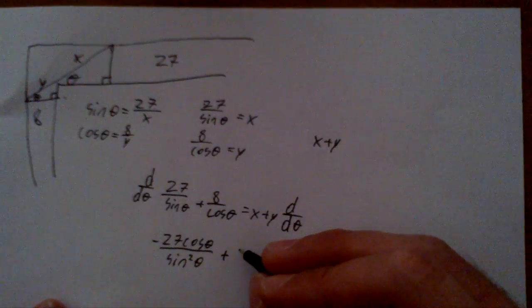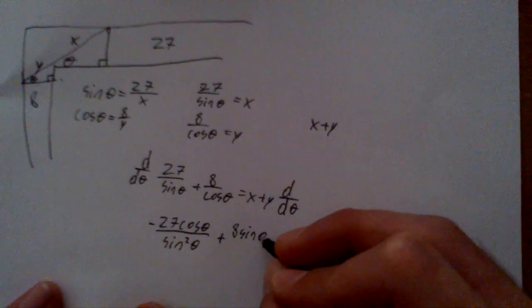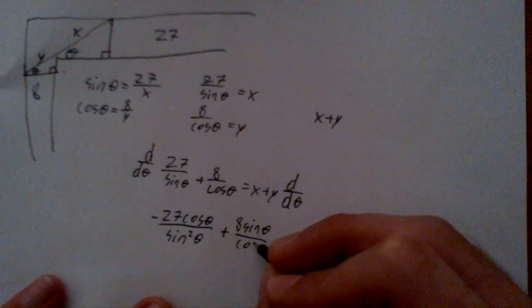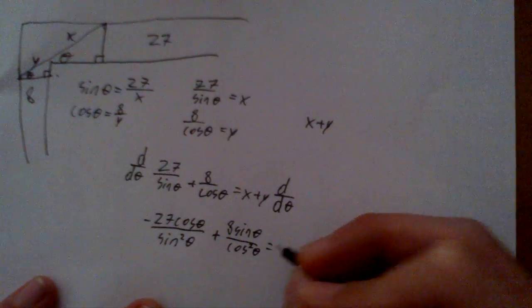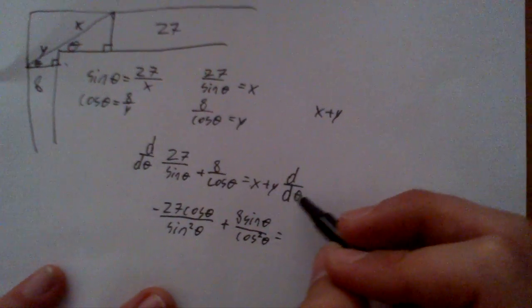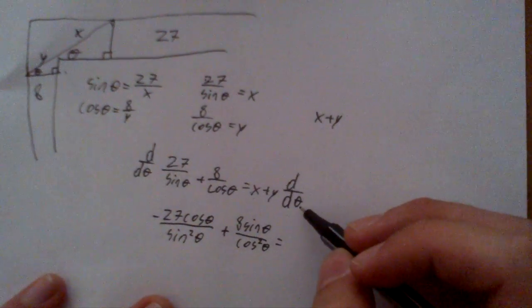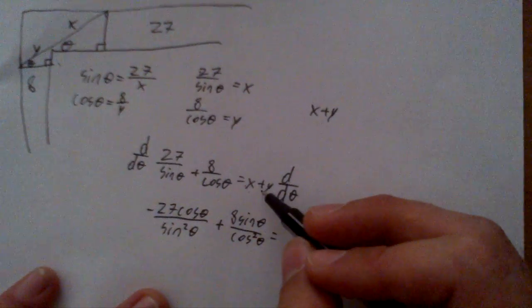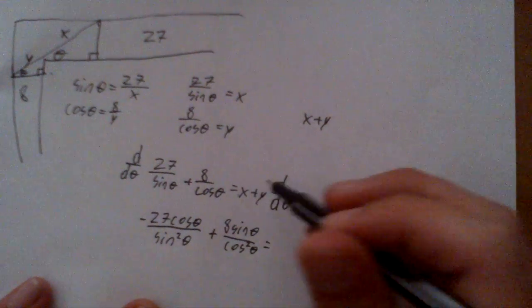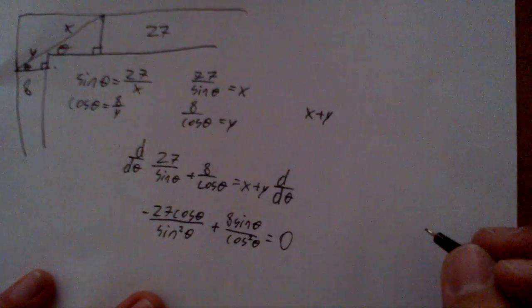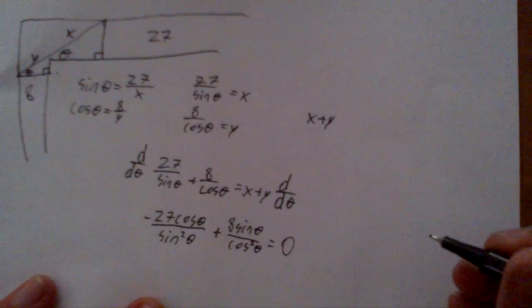And over here we would get 8 sine of theta over cosine squared of theta. And as said, this is a constant, so if you take the derivative with respect to theta, there's no theta, this would be 0, and therefore we can do this.